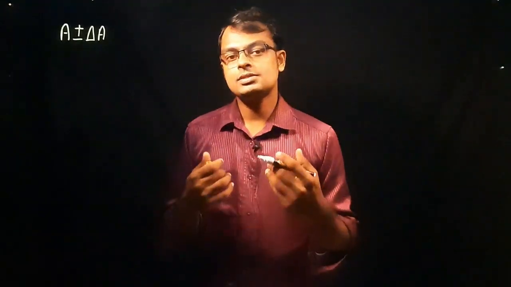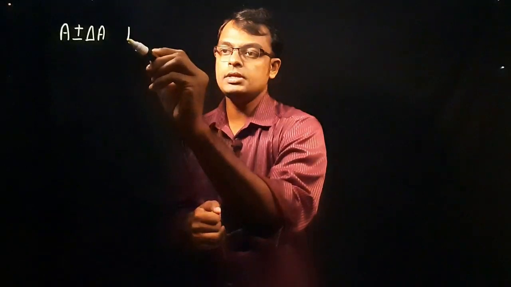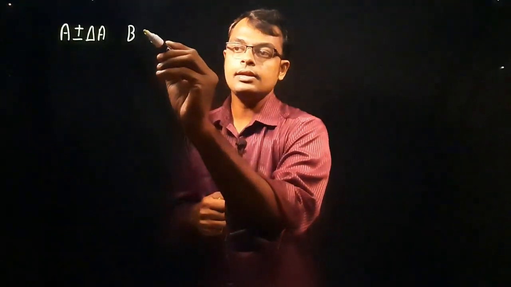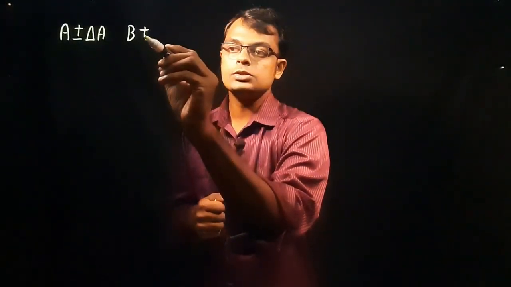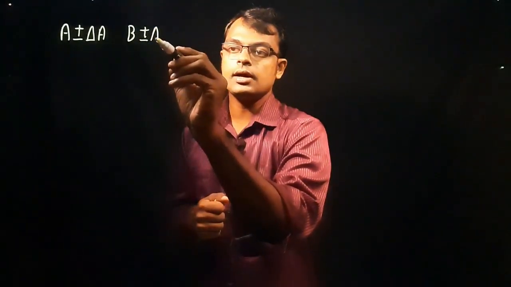Now just imagine the same type of physical quantity. Say B is a physical quantity, same as A, and the error in B is plus or minus delta B. That is the absolute error in the second measured value.